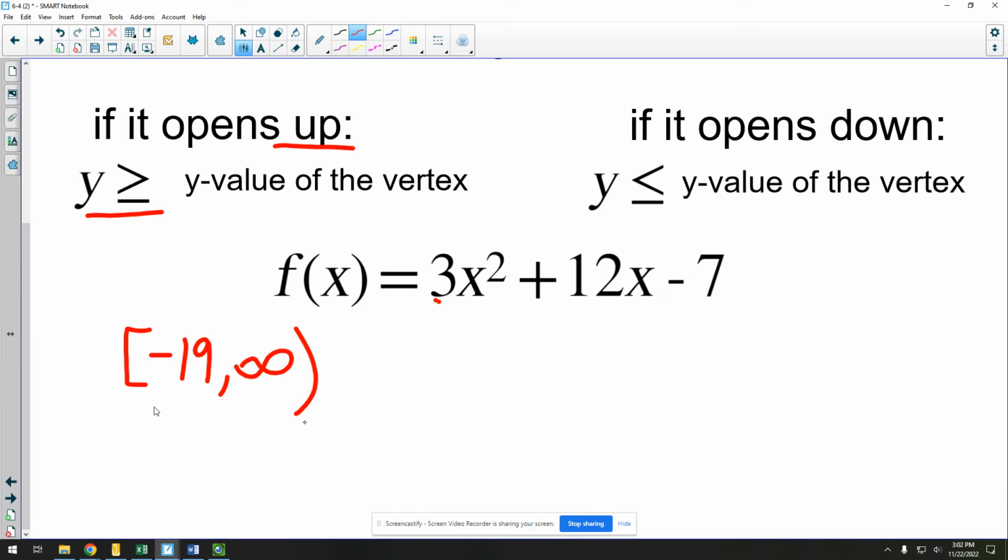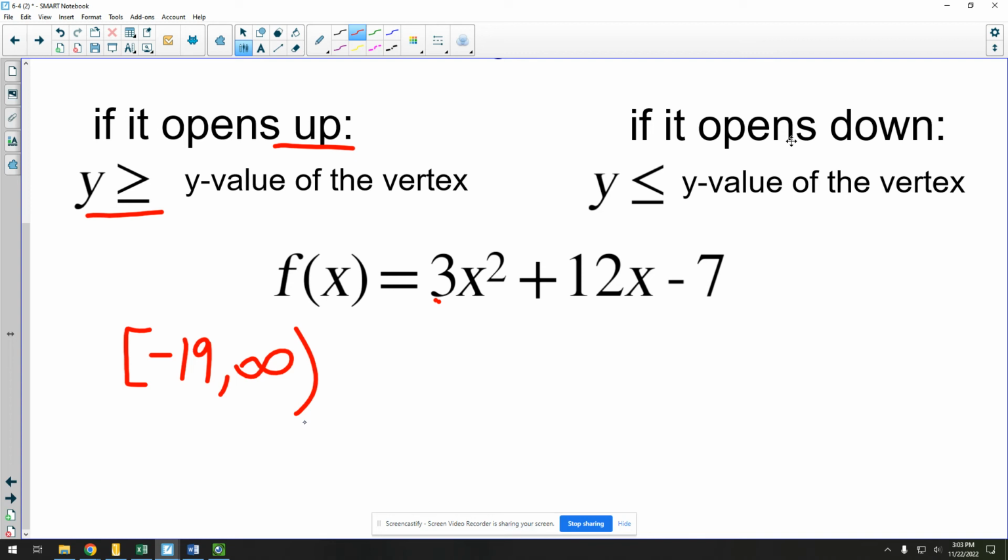I use a squared off bracket for this negative 19, but a parenthesis for infinity. The squared off bracket says negative 19 is in fact included, but a parenthesis for your infinity because you can't actually equal infinity, right? We can never reach infinity, so that's why it's a parenthesis.